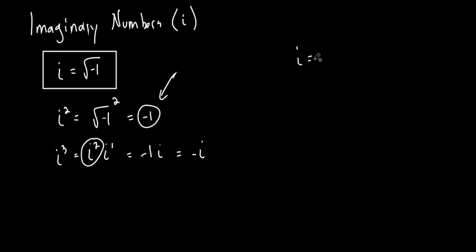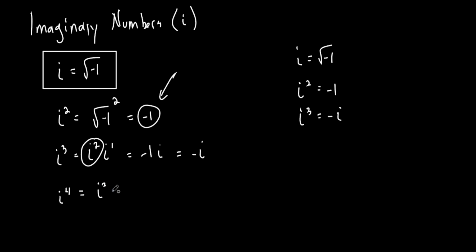So let's just write these down. I is equal to the square root of negative 1. I squared is equal to just negative 1. I cubed is equal to negative I. What do you think the next one we're going to do is? I to the fourth. What's I to the fourth? Look at it and think about it and try it. It's I squared times I squared. Good.